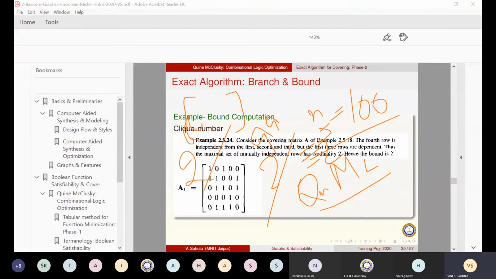See, if n is 100, that is too large, but let us take 100. How many minterms? 2 to the power 100. But if you build around 0 or 1, they will be slightly half. So 2 to the power 99, the maximum number of minterms that could be there. If you have this, even phase 2 is now impossible.